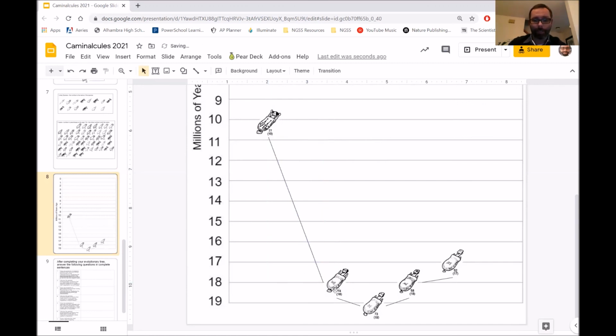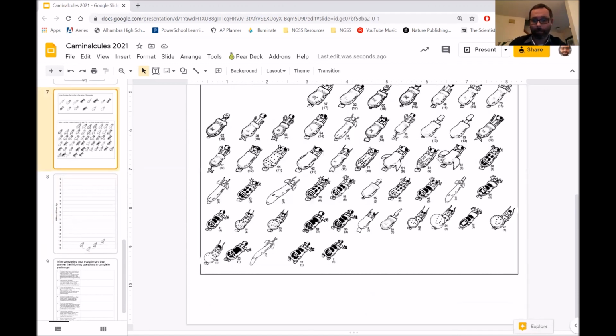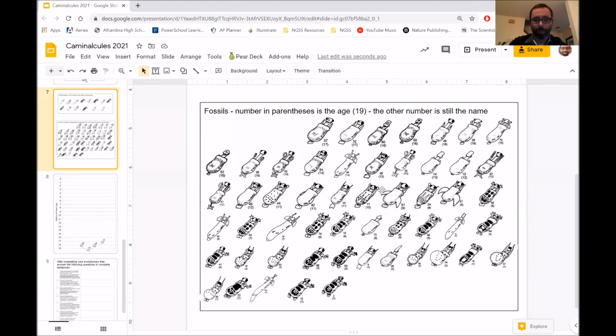It doesn't have to go from 10 back to 11, back to 12, right? It could go from 10 all the way to 18. This is something that I have mentioned already, that maybe there's just fossils that have been missing, or maybe it just didn't change very much or something like that. All right, so again, that isn't one of the answers, so I'm not gonna leave that right there. But that's the idea, that it could happen that way, depending on, of course, what's going on up here.